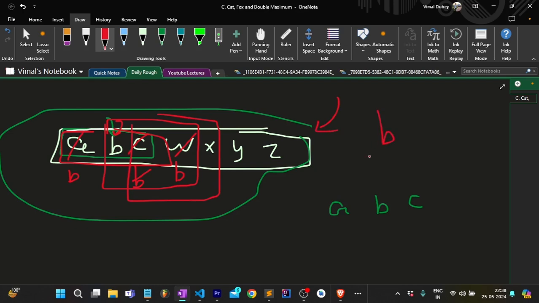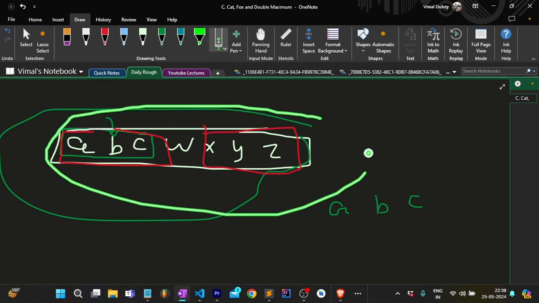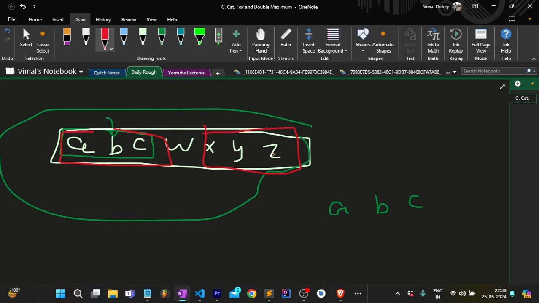Okay, and what is the next thing? Can I say that if I choose these 3 numbers X, Y, and Z, I can make all elements equal to Y? Yes, I can. First of all, we place X, Y, Z in sorted order, and let's suppose Y is the median.